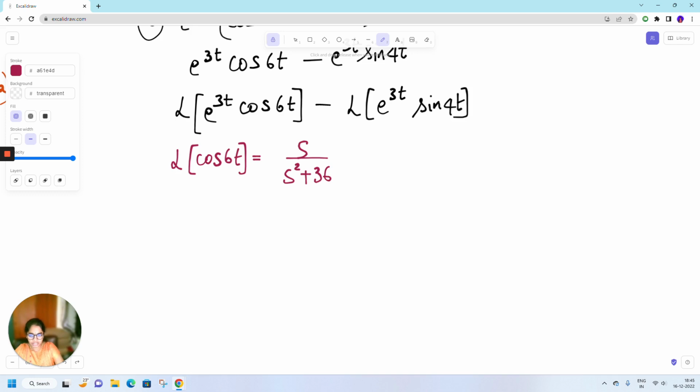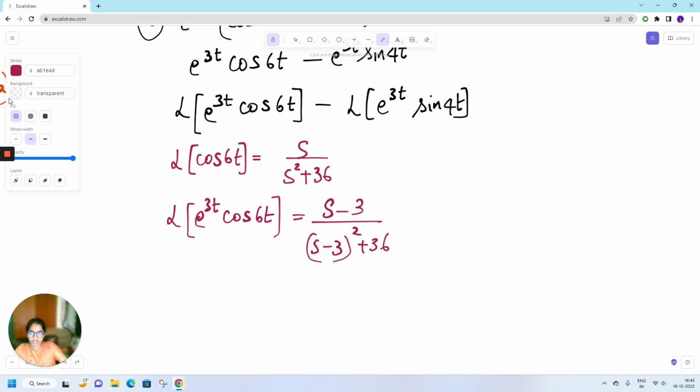What is the second step? Replace s with s minus a. What do we have in place of a? We have 3. So I'll replace wherever I have s with s minus 3: s minus 3 over (s minus 3) the whole square plus 36. How about the second term?